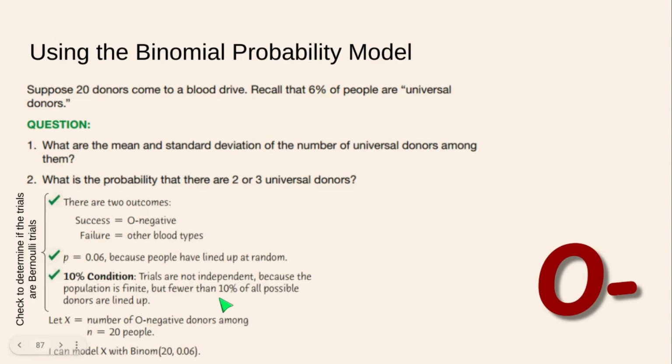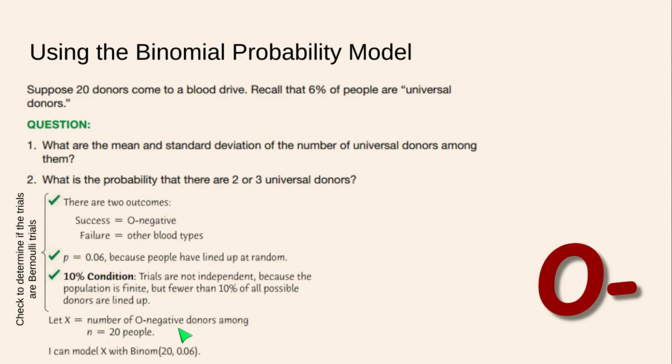So before I said the trials are independent, well, that's mostly true. The trials are not truly independent. However, we are sampling fewer than 10% of all donors lined up. So yes, you can assume independence, as I said before. Let X be the number of O-negative donors among the 20 people. All right. X is the number of donors out of 20 people who have O-negative blood.